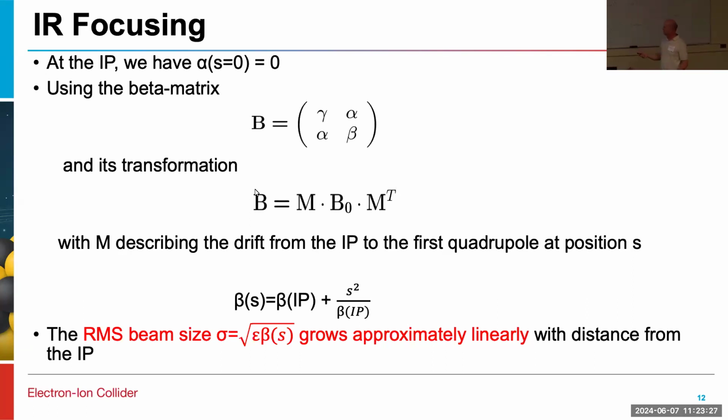It's just a drift, so we plug in these matrices here and solve that, and it turns out that the beta function, as you walk away from the interaction point, grows quadratically with your distance from the IP. So it grows dramatically. If you have something like tens of centimeters of beta function at the IP, and then you go 5 meters away, you get beta functions of hundreds of meters. So it's a rapid growth.